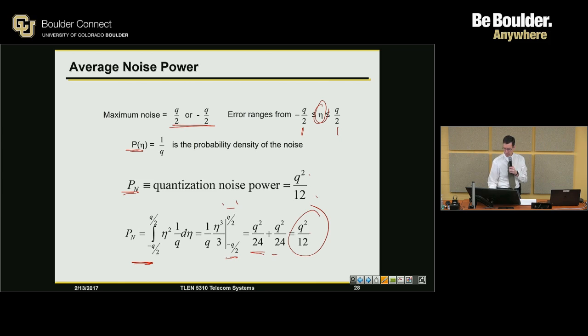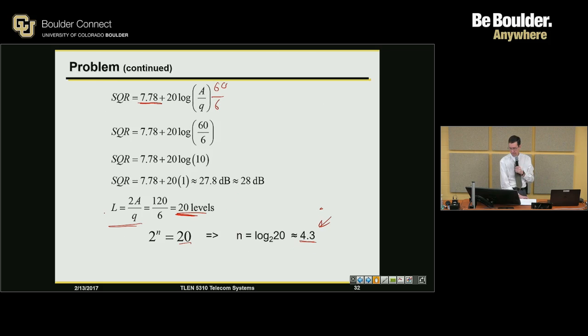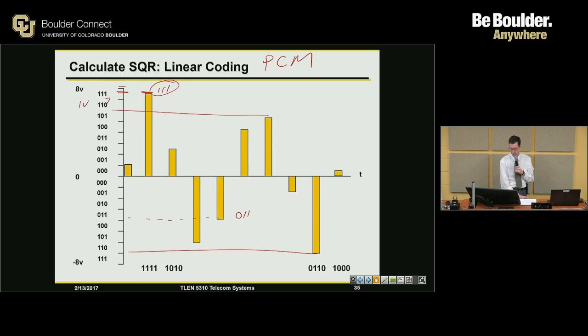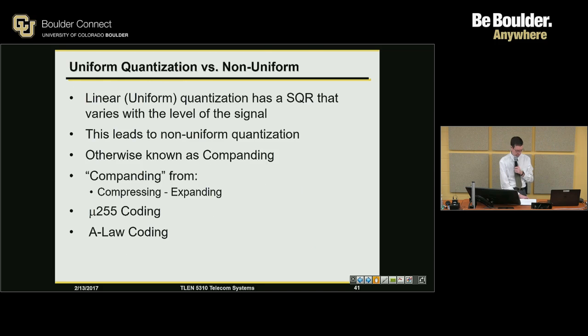I get these two values and I end up with this Q squared over 12. This is the noise power, PN, and the SQR would be... go back to the slide we were on. Whoops, too far.